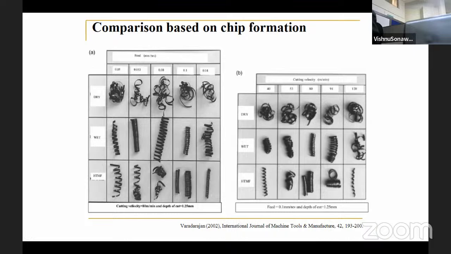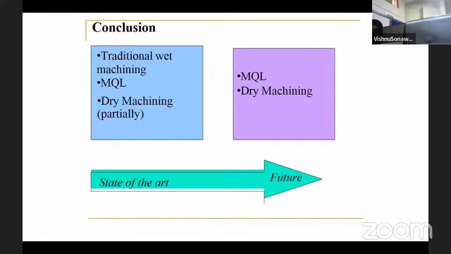Here we can see what type of cutting velocity and what type of cutting feed, and the types of chip formation that take place during high speed machining operation. This is from Machine Tools and Manufacturing. I have taken this data.